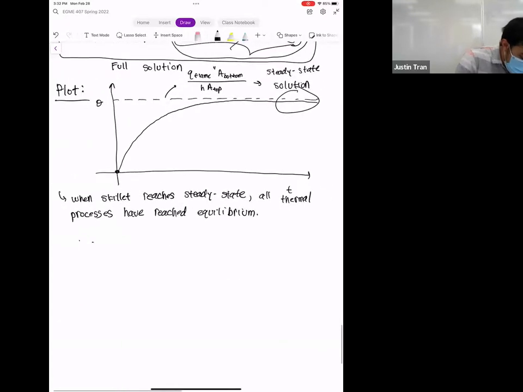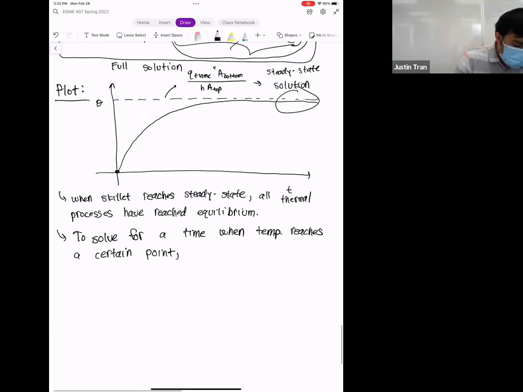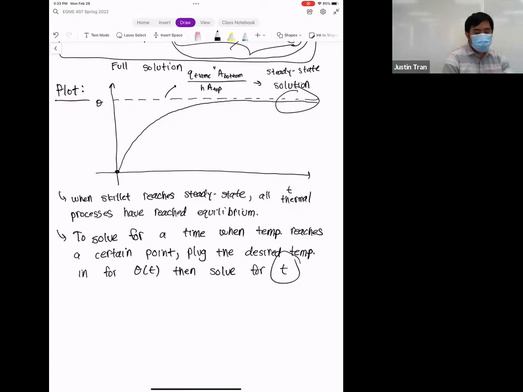To solve for a time when the temperature reaches a certain point, all you have to do is plug the desired temperature in for theta of t. Then you take that equation and solve for t.